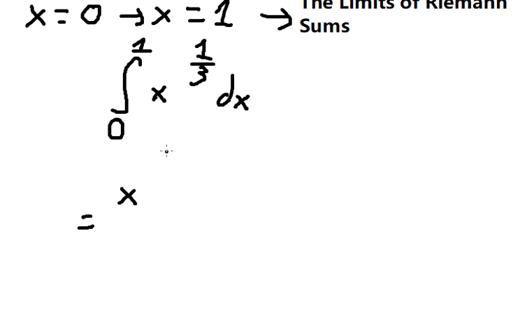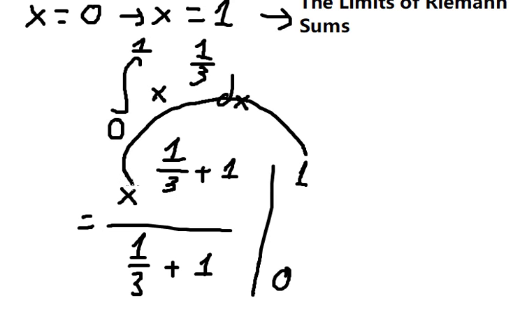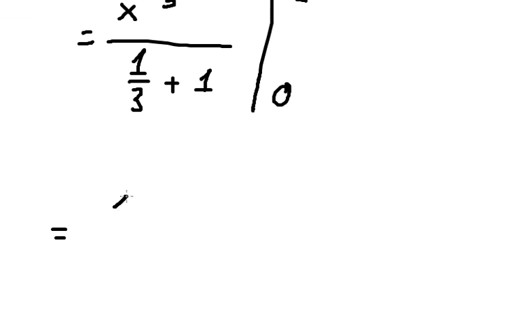and we have s to the power of 1 over 3 plus 1, over 1 over 3 plus 1, and we can put the bounds from 0 to number 1. So I can put number 1 in here, number 0 in here, and we have 1 over 3 plus 1, which is 4 over 3.